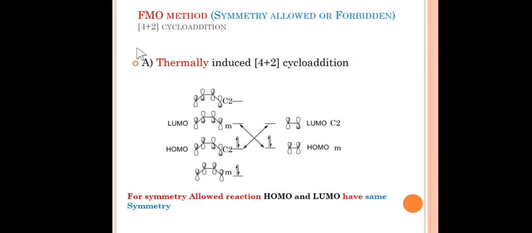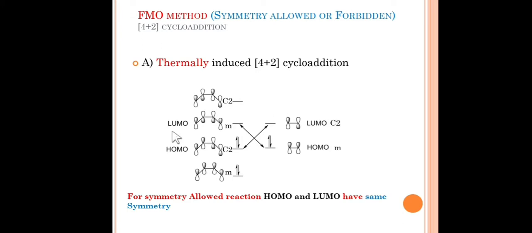So frontier molecular means the front, like in a battlefield we say the front battalion. So actually these molecular orbitals undergo reaction or electron transfer. They are called HOMO and LUMO. HOMO is the highest occupied molecular orbital, that means it contains electrons, and LUMO means lowest unoccupied molecular orbital, that means it doesn't have any electrons, it's empty but has the least energy.